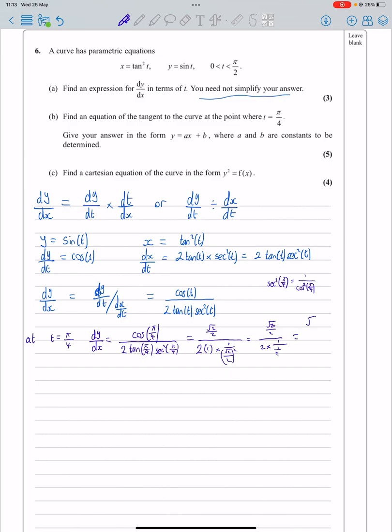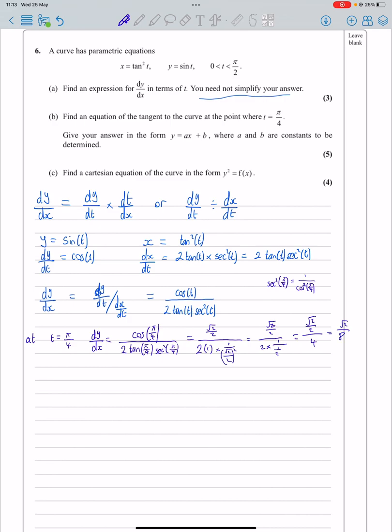That simplifies to root 2 over 2 over 2 times 1 over a half, and if you're dividing by half, it's the same as timesing by 2. So over 4, which is equal to root 2 over 8.